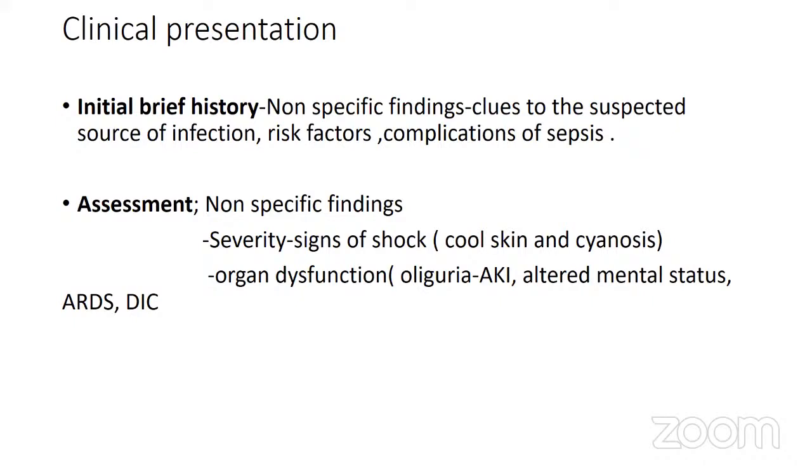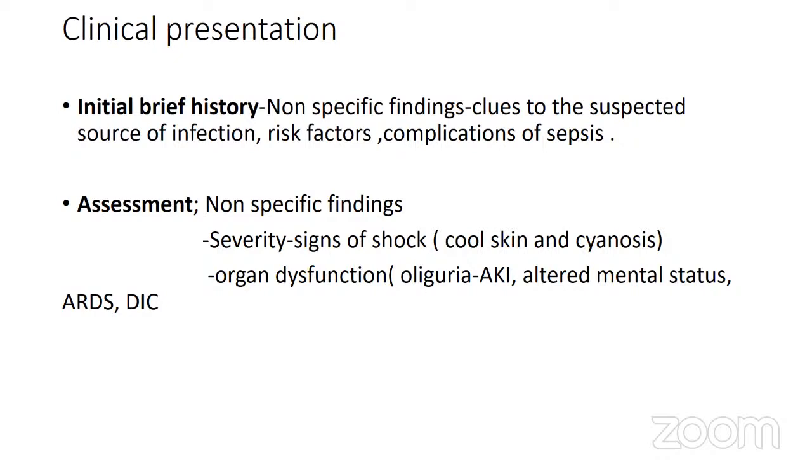Most of the history is going to be non-specific findings, really, but you should always look out for history that will point to the suspected source of infection. Maybe if a patient has had a cough or chest pain, fevers, you should always try to find out which organ is the source of infection.